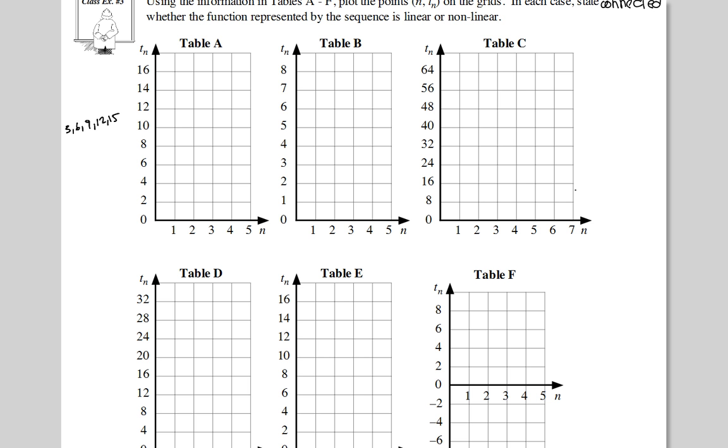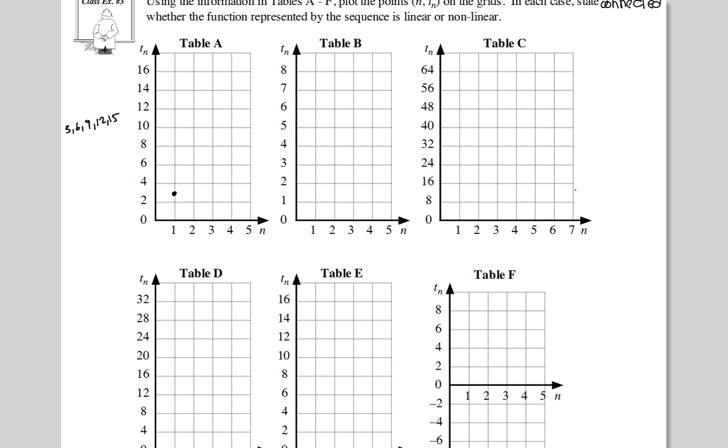That was table A. So where do we put the first dot? Do we put a dot at 0? Why? Good, no zero term. So the first dot is when n is 1. And when n is 1, Tn is 3.